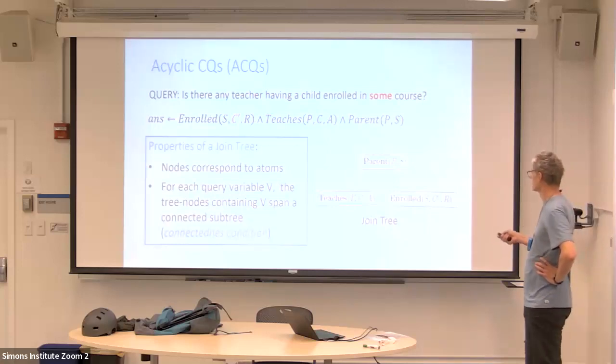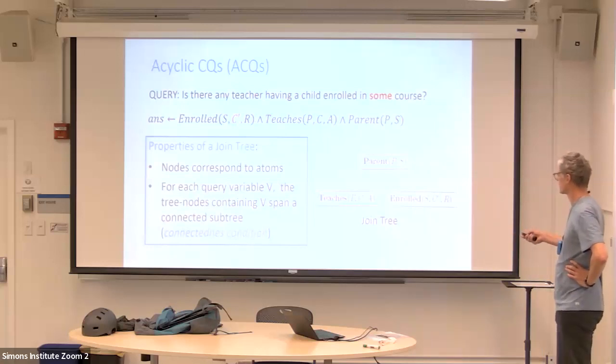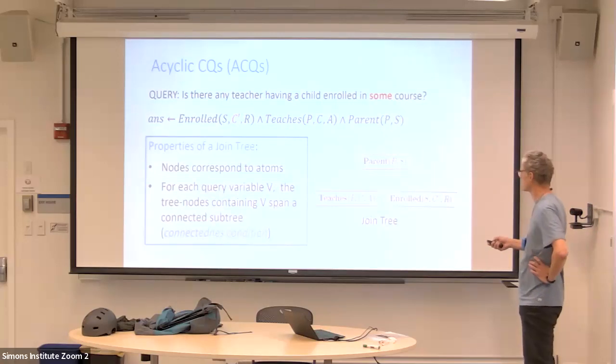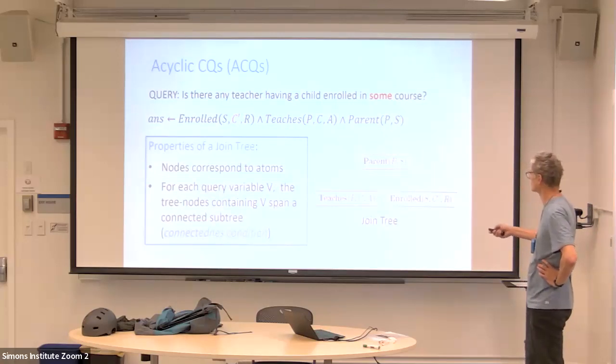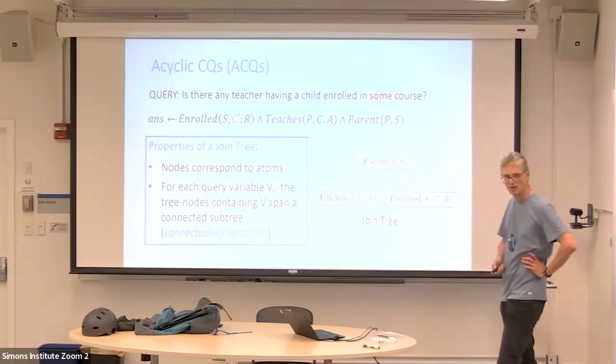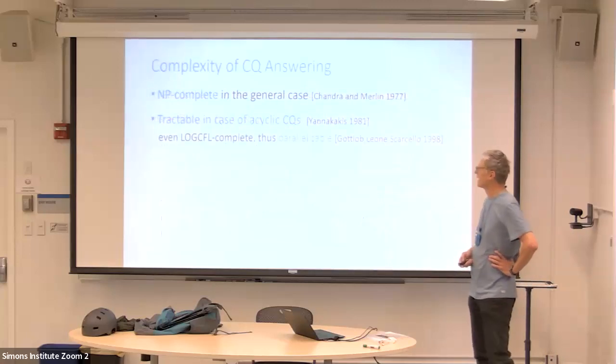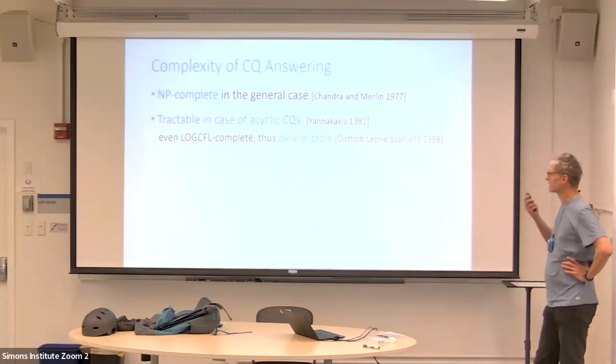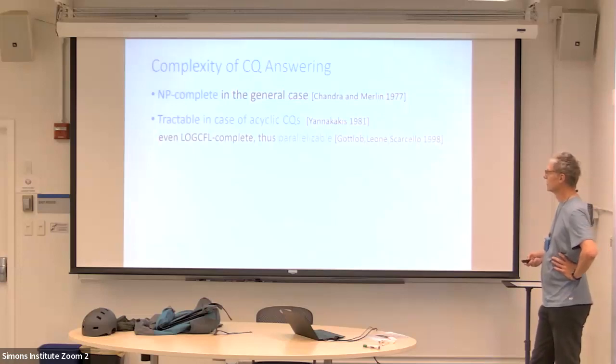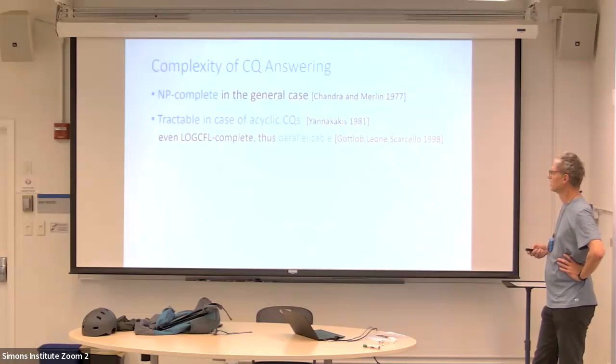And these two nodes share no variables. They would be allowed to share variables, but only if these variables are also present all along the path. And it's a classical result that conjunctive query answering is NP complete; in case of conjunctive queries, one usually cites this paper by Chandra and Merlin.